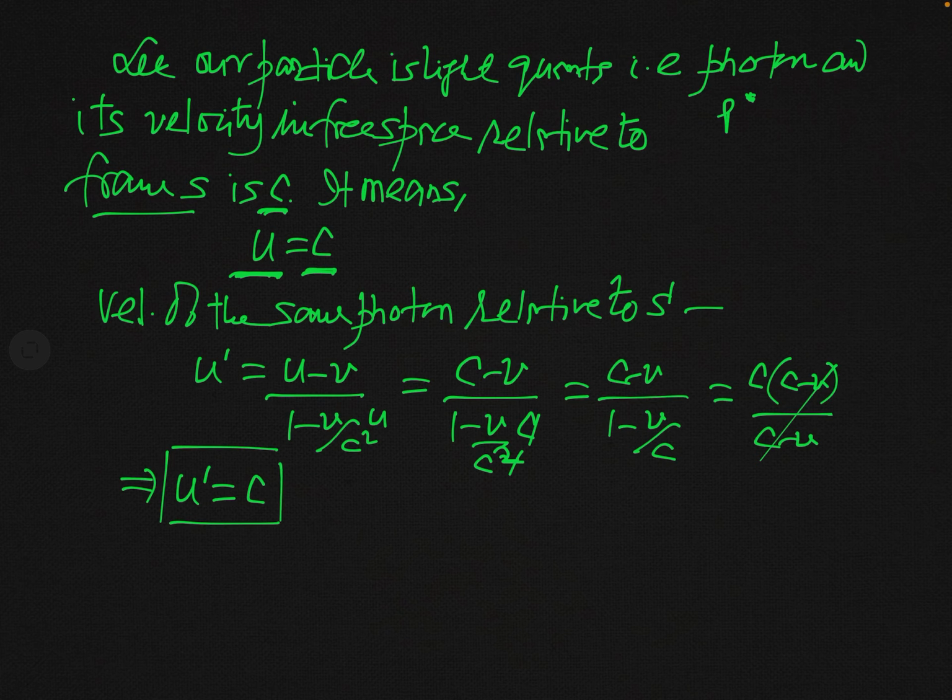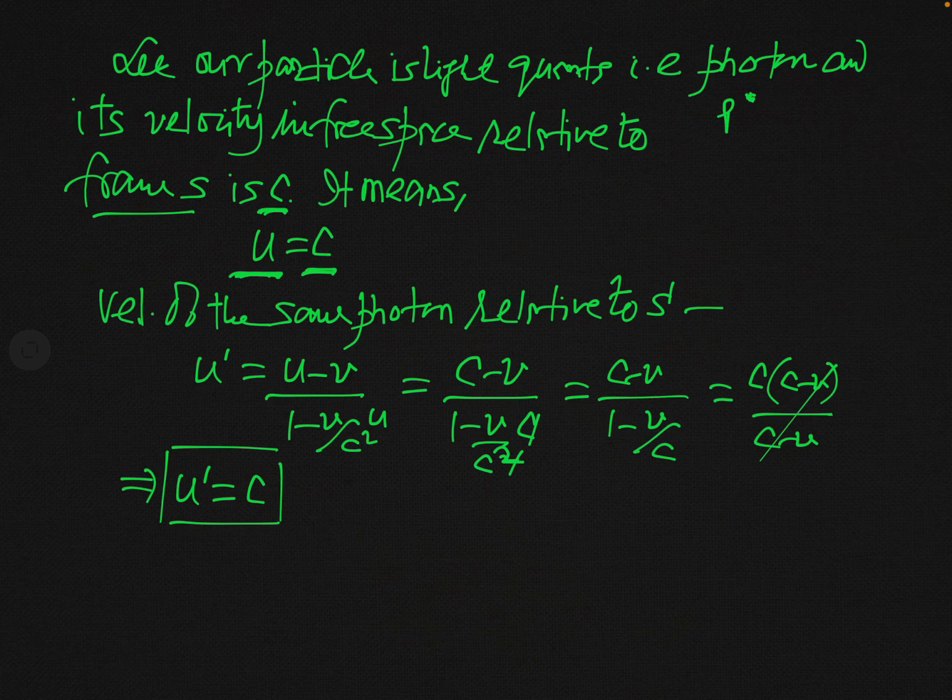But this is in fact in accordance with our second postulate of special relativity. We have in fact studied that in accordance with the second postulate of special relativity, speed of light in free space c is an invariant. It does not depend on the state of motion of the source, of the observer, and the reference frame.